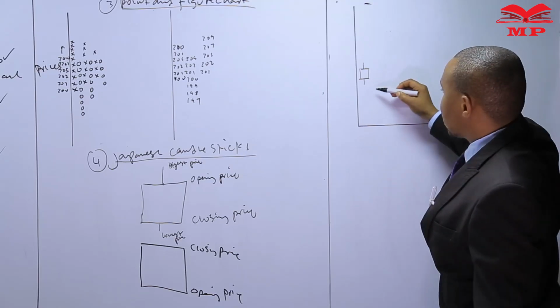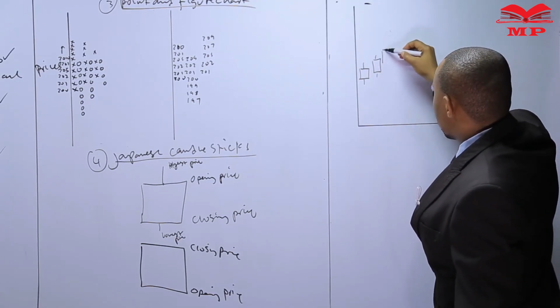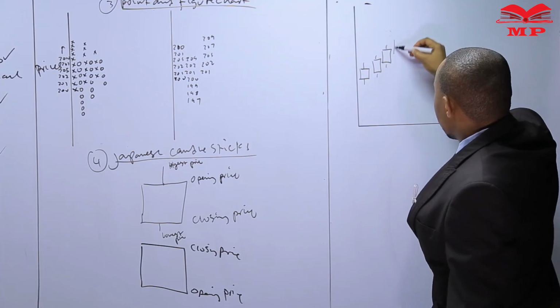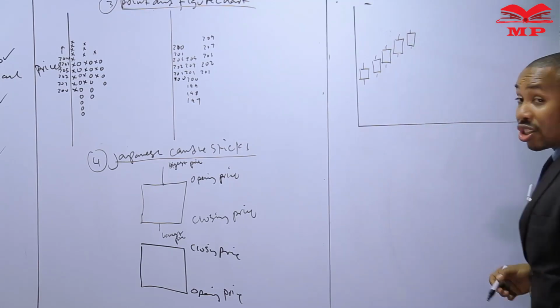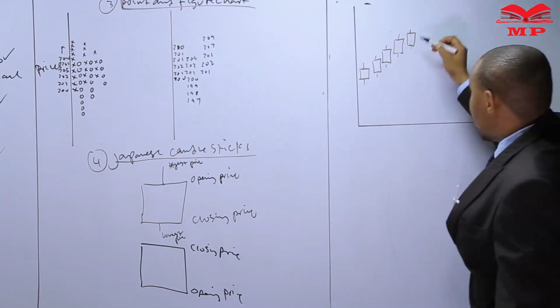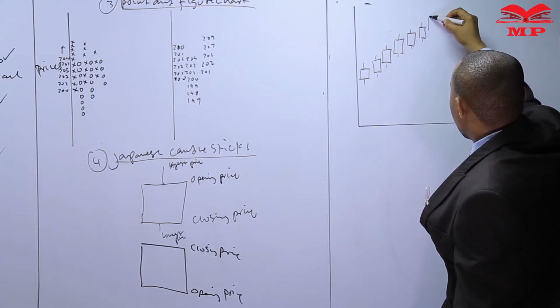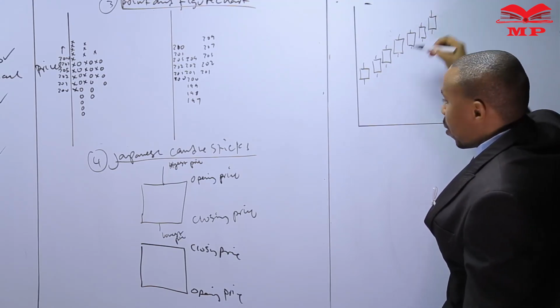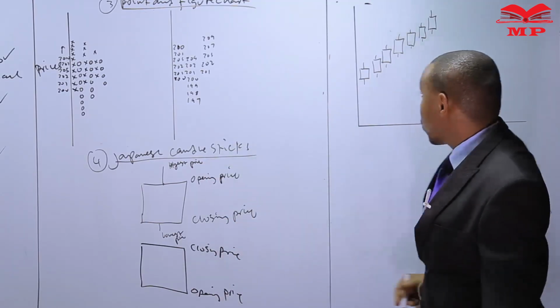So you'll have candlesticks like this moving in this direction that provide some guidance to the analyst or the investor that this is a bullish trend. A bullish trend means that it is moving in an upward direction like that, with even higher highest prices, higher opening prices or even higher closing prices.